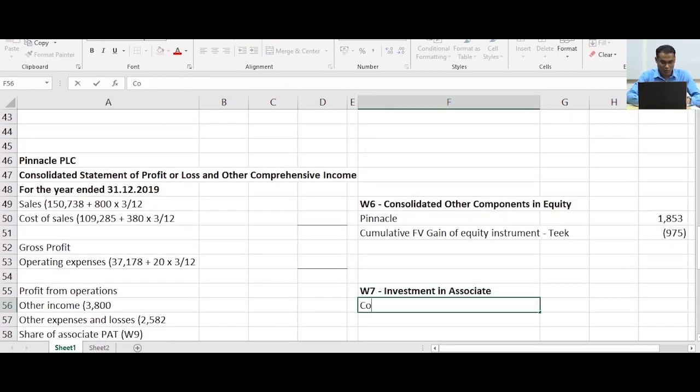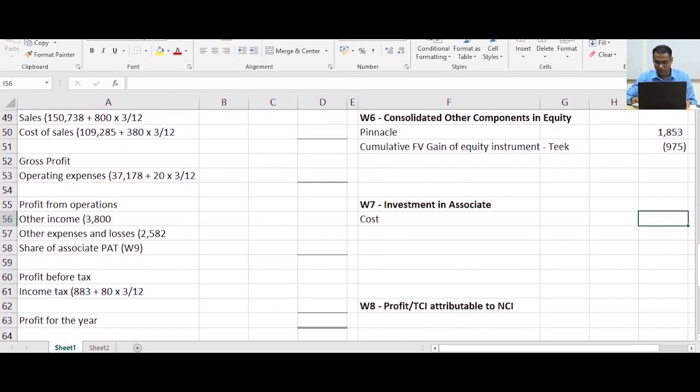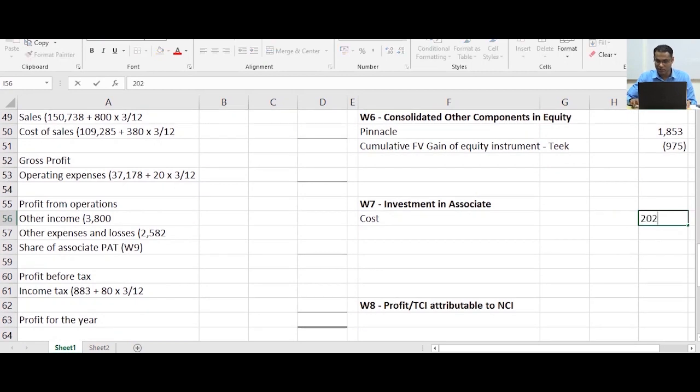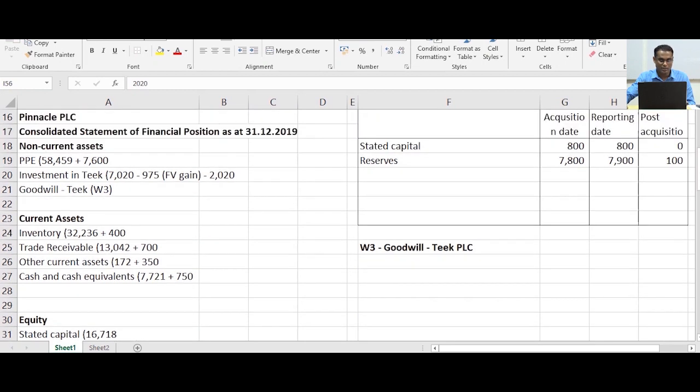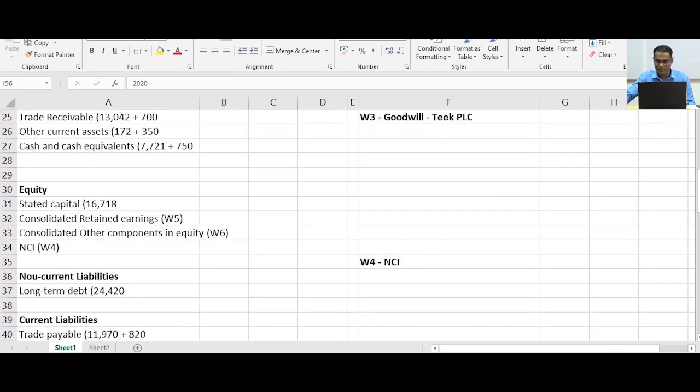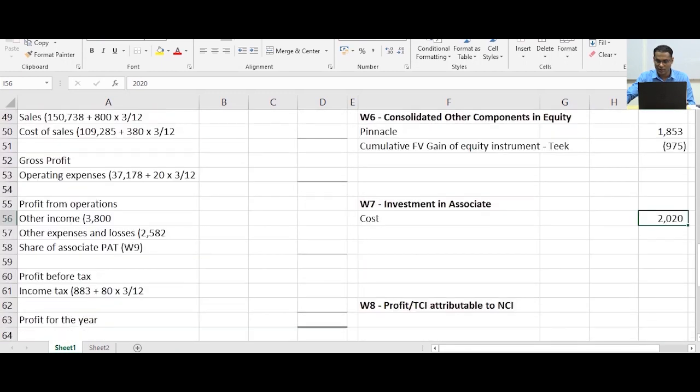The initial cost of acquiring 25% is 2020. Again the double entry: debit investment in associate, credit the individual balance sheet investment value in Teak, credit 2020 and debit 2020 here.